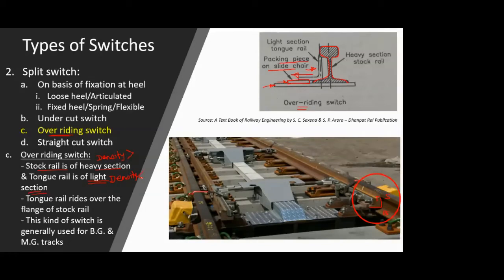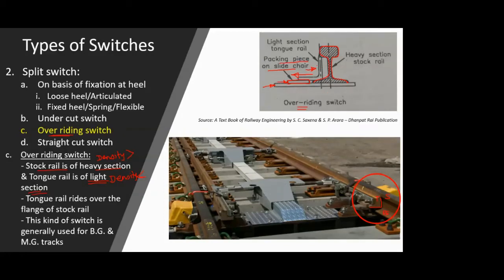Now again, it's logical that if you are going to move your tongue rail and use the base as the foot of the stock rail, then if this tongue rail is also heavy, this foot of the stock rail will get damaged too early. Or it might never get damaged in some other kind of switch, but it would get damaged in an overriding type of switch.